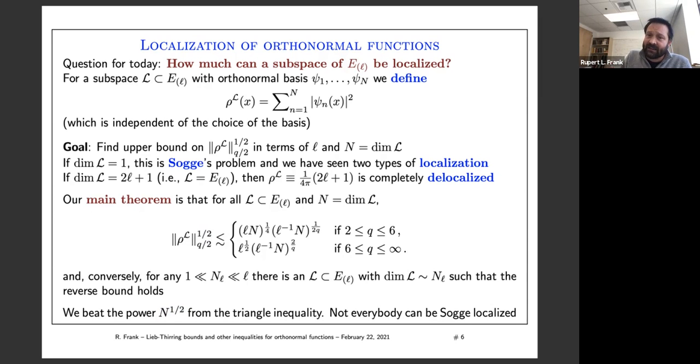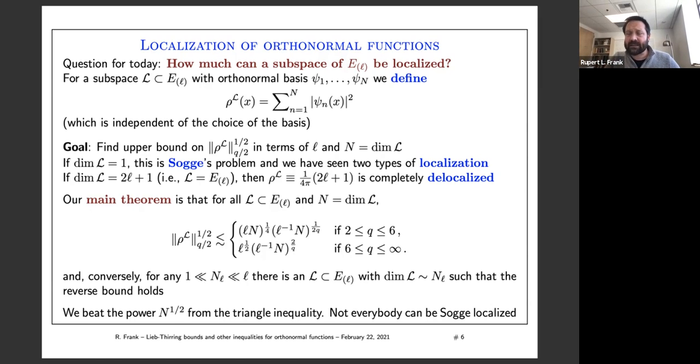And that says you cannot manage to localize every function as well as Sogge could localize a single function. You can localize a finite number of functions in that way, by just putting them onto a finite number of points, as I explained Sogge does. But when I ask you to look at a number of functions that goes to infinity, then orthogonality kicks in, and you have to respect the other functions, and you cannot occupy all the space.